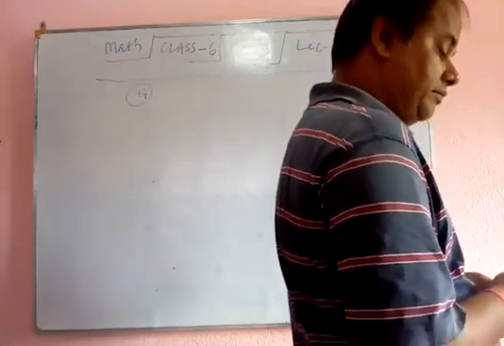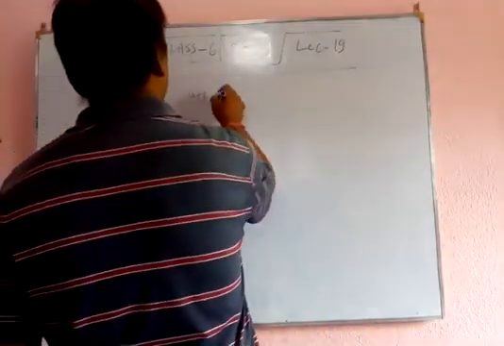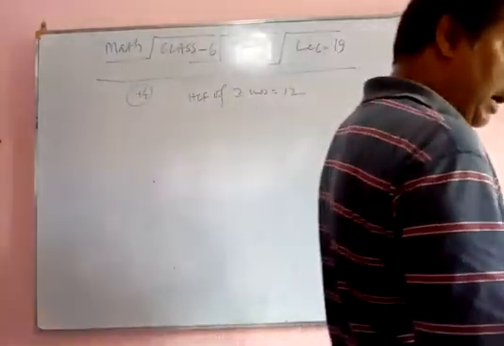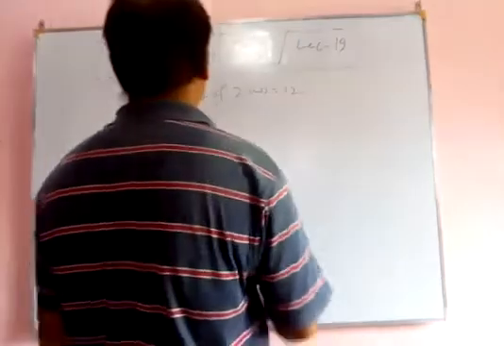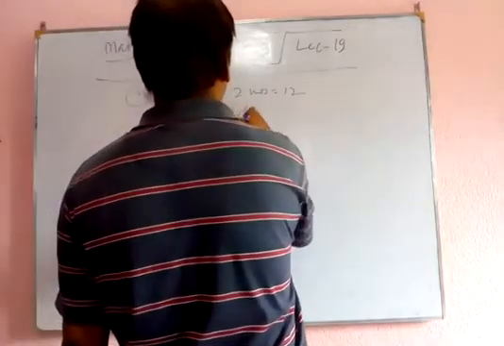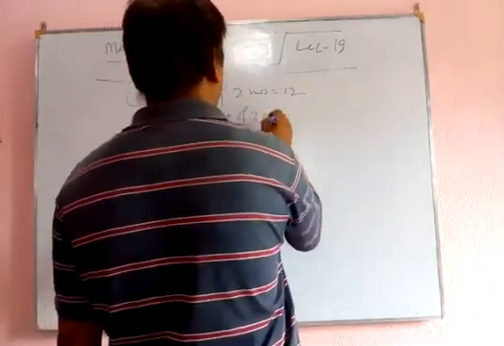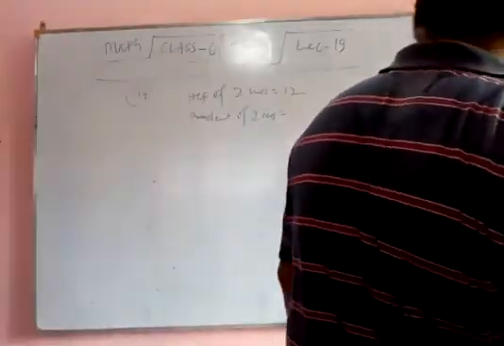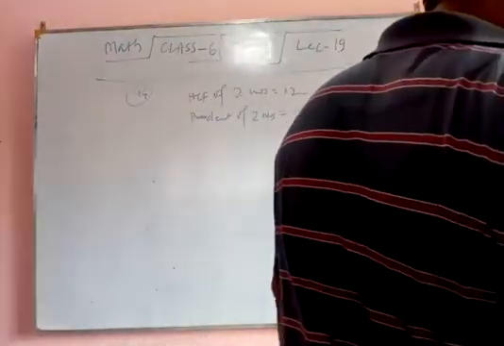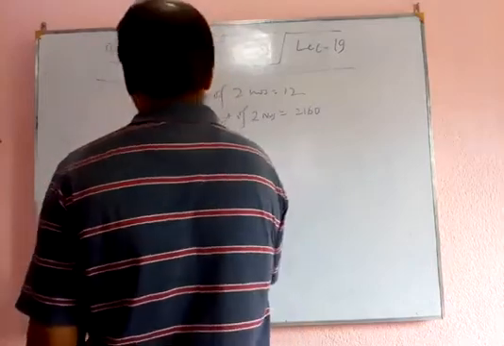Find their LCM. The HCF of two numbers is equal to 12 and their product is 2160. Find the LCM. LCM is equal to what?